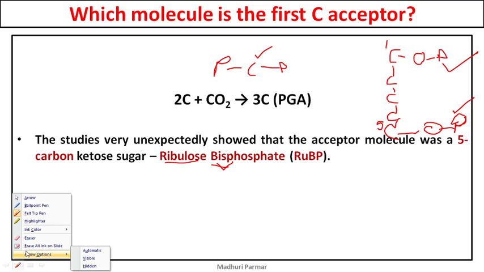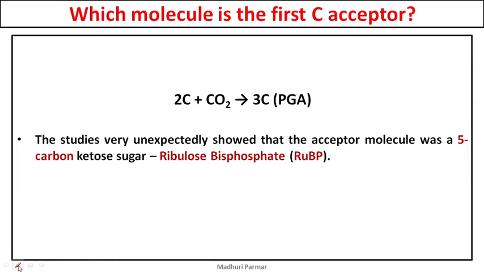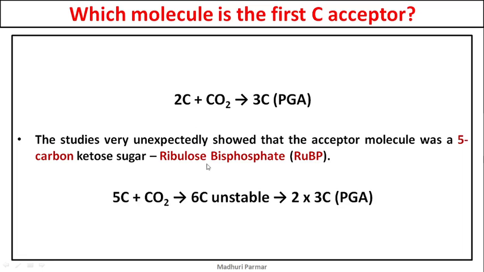Its short form is RuBP. Clear? So unexpectedly, scientists found out that it is not a 2 carbon but a 5 carbon compound. This 5 carbon compound will accept one carbon dioxide and become a 6 carbon compound. The 6 carbon compound is very unstable. You will rarely find it.